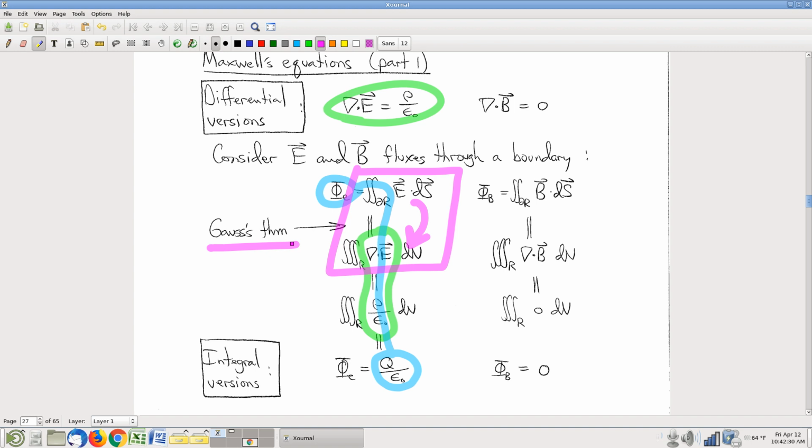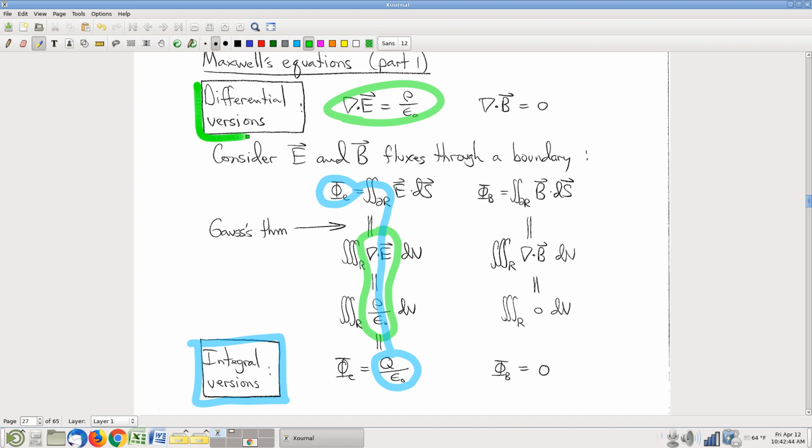So what we have is two different versions of the equation. The blue version is the integral version, as I like to call it. The green version is the differential version. We already talked about how the differential version involves derivatives. Well, the integral version involves integrals.